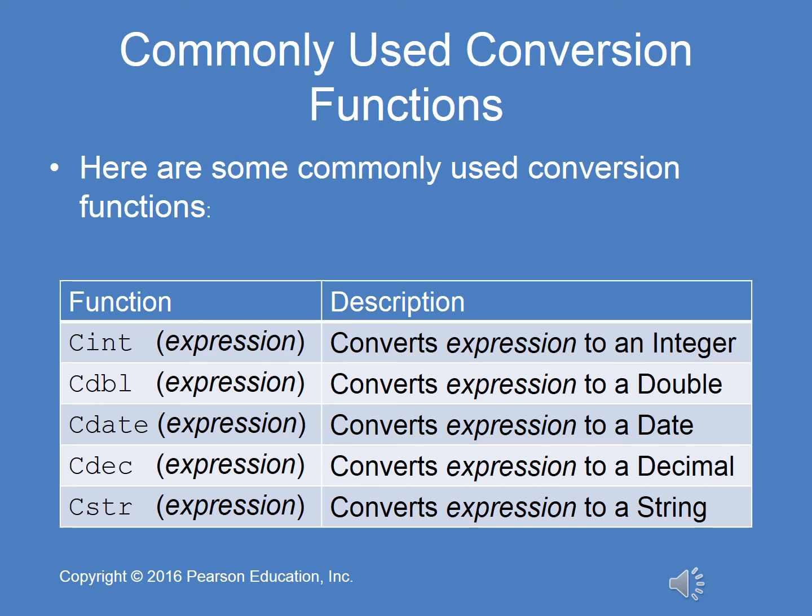Now that expression can be a literal value. It can be CInt in parentheses 12.4. It could be two variables added together, and then their sum would be evaluated and then converted to an integer, etc. And you'll see as we start to write programs how these are used and how useful they are.